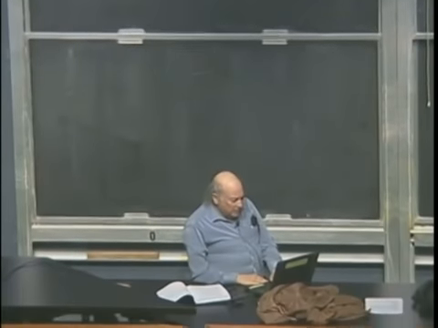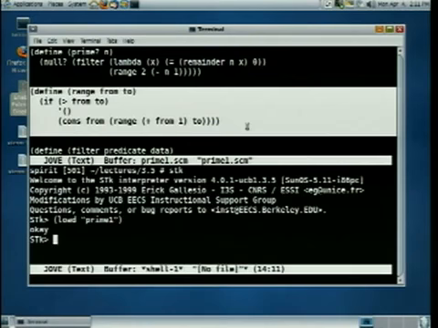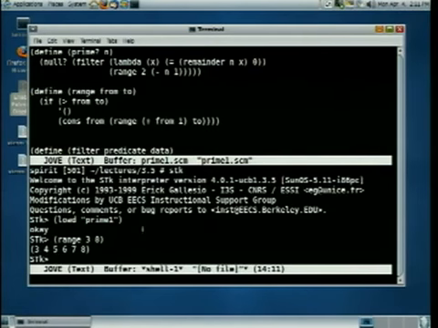So here's a helper procedure called range. What range does is return a list of the integers between two values, starting and ending value. So using that, I have a predicate prime? that takes a number n. It constructs the set of numbers where we don't want it to have any factors, so the range from 2 to n minus 1.